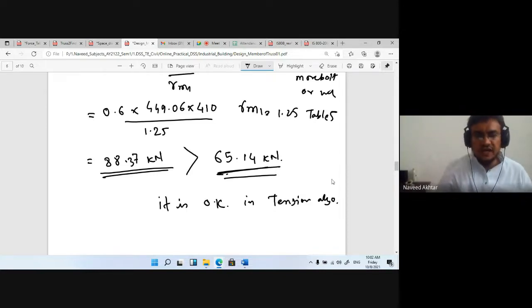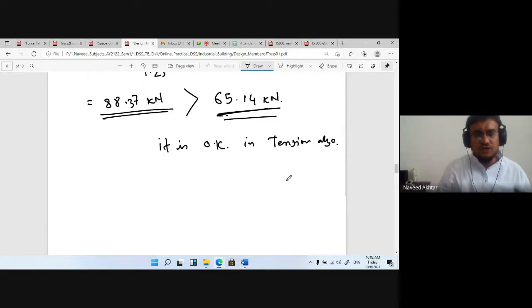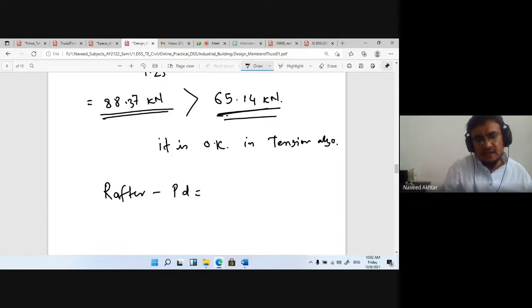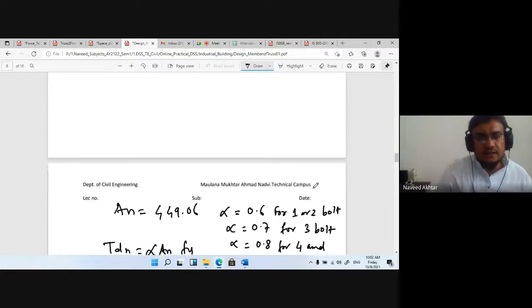So it is okay in tension also. We have checked the compressive strength of the rafter.